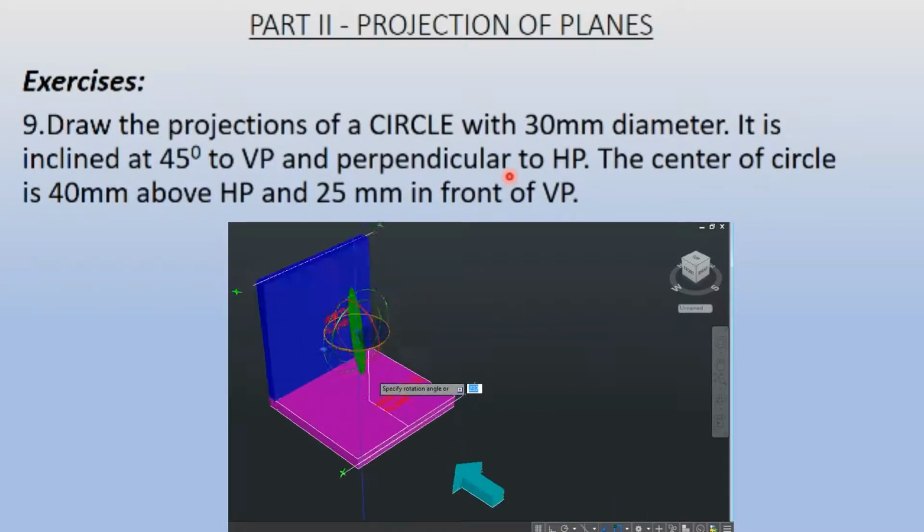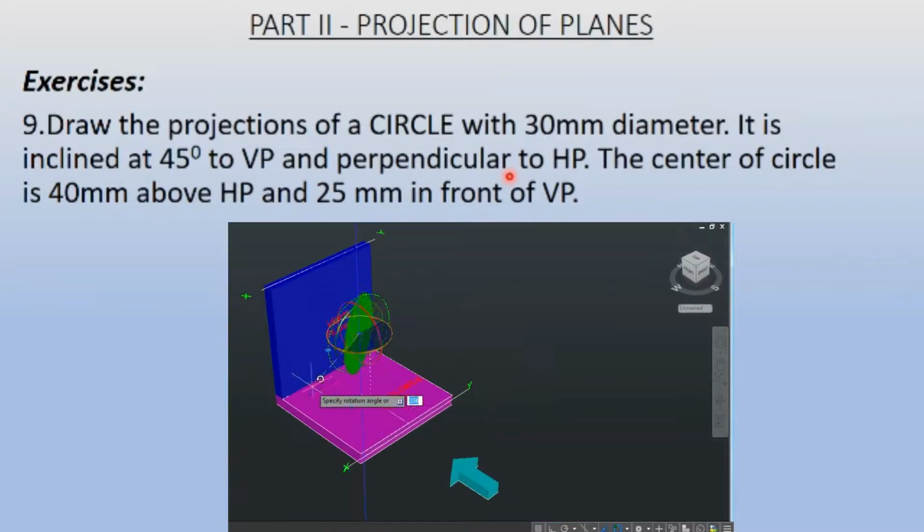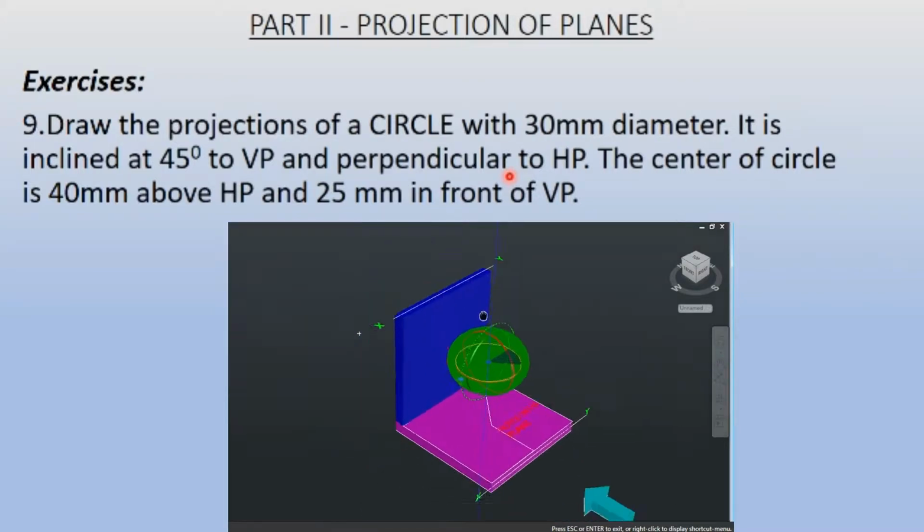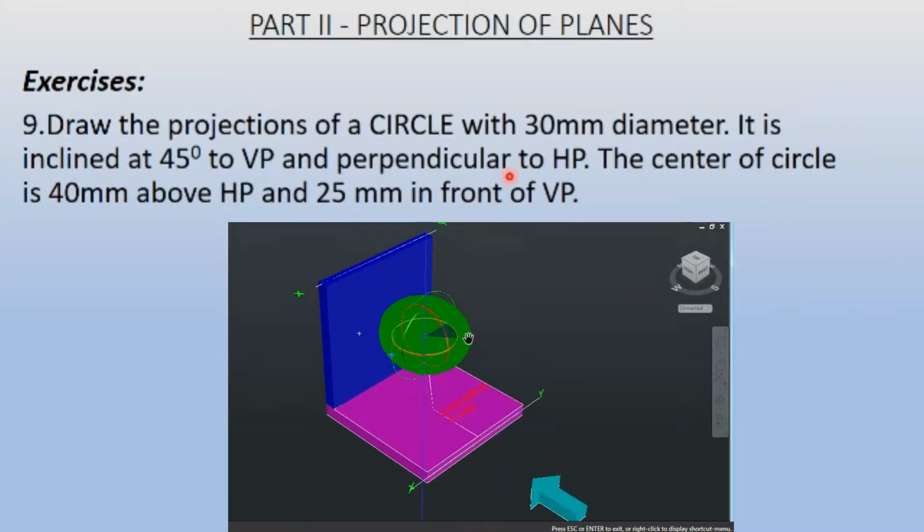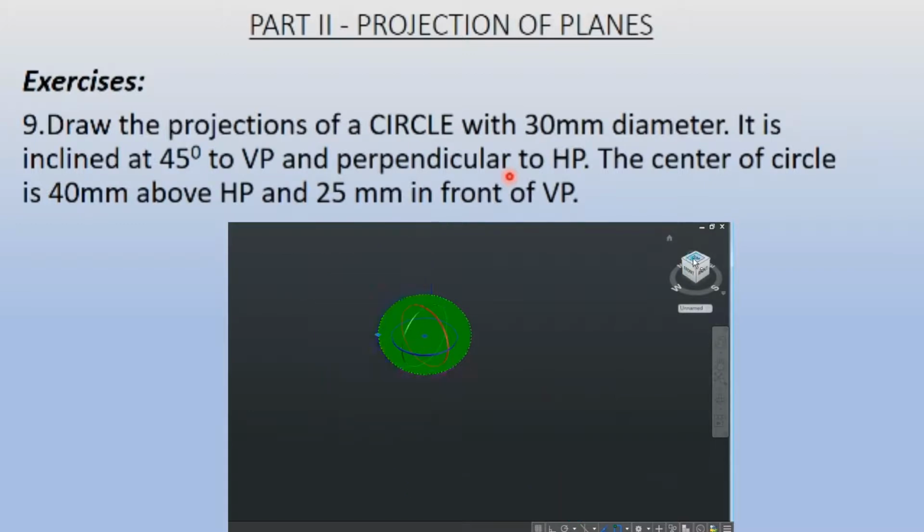Now you see that I am tilting this circular plane with respect to the vertical plane, and in any case the angle whichever I am making is with the vertical plane. So I'll show you now. Just take this angle. Now this case is perpendicular to the horizontal plane.